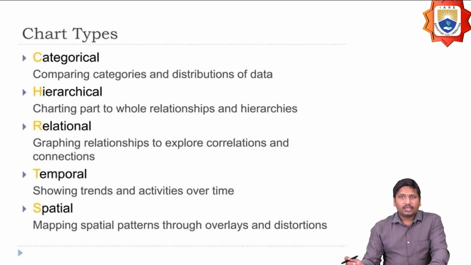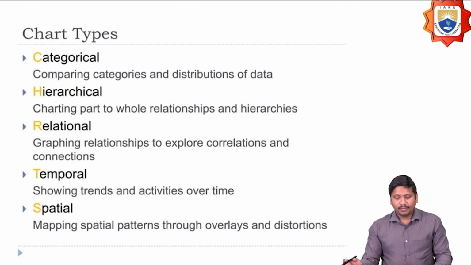The very first is categorical, which means comparing the categories and the distributions of the data. Hierarchical represents the whole representation and hierarchies. Relational means graphing the relations to explore correlations and connections. Temporal shows the trends and activities over time.